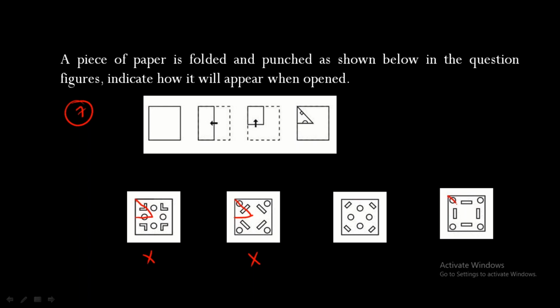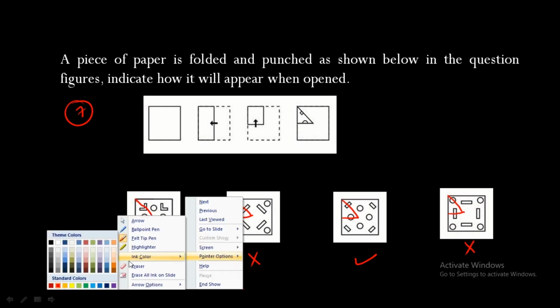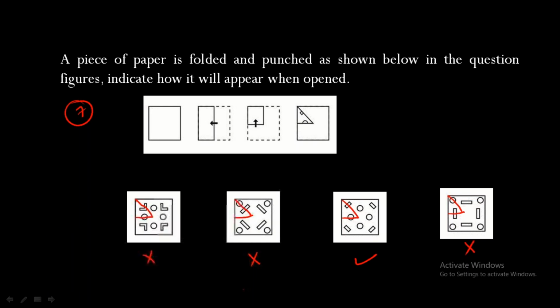If you see this, no. Whereas here, yeah, the rectangular part, this circular part, we can say option C is correct. Got it? So option C is perfectly suitable compared to the remaining options.